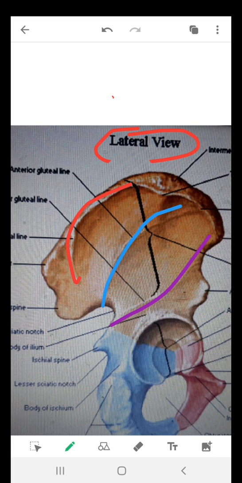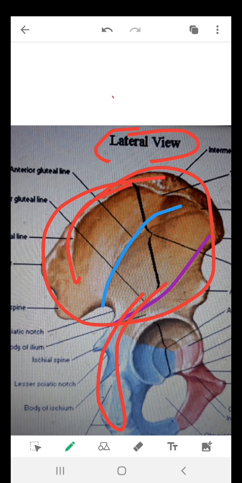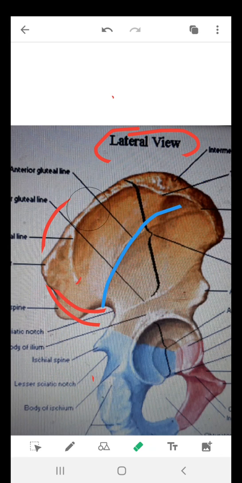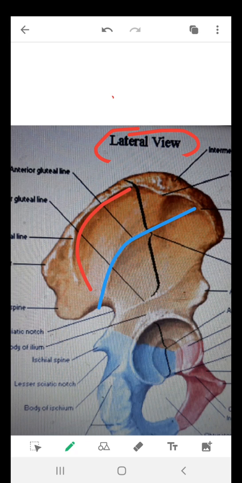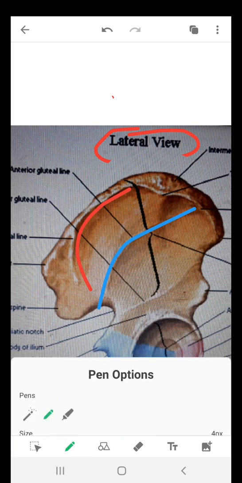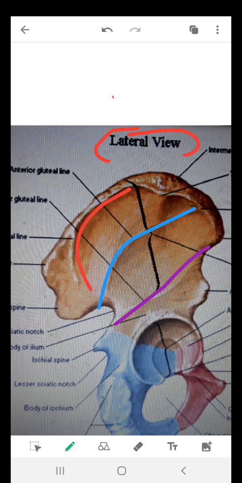Gluteal means the back, the buttock. This part of this bone forms the gluteal region. So this red line is called the posterior gluteal line. This blue line is going to be called the anterior gluteal line, while this one is going to be called the inferior gluteal line.